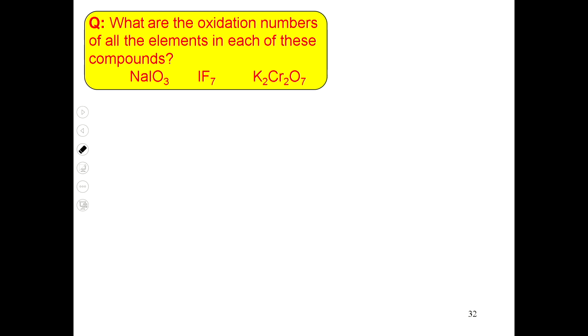Now question: what are the oxidation numbers of all the elements in each of these compounds? Here all these compounds are neutral, right? For example, in this one, sodium, iodine, and what's it?